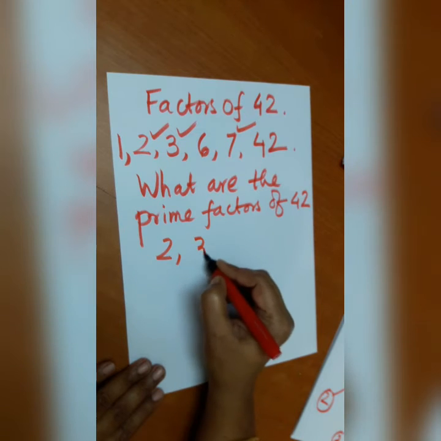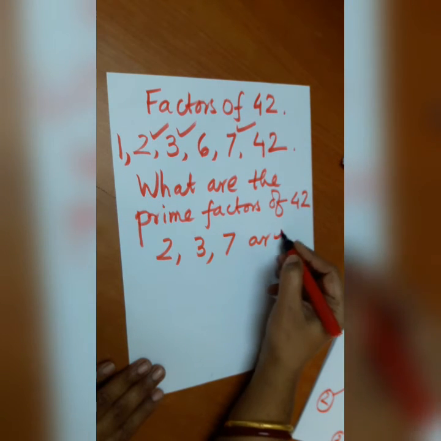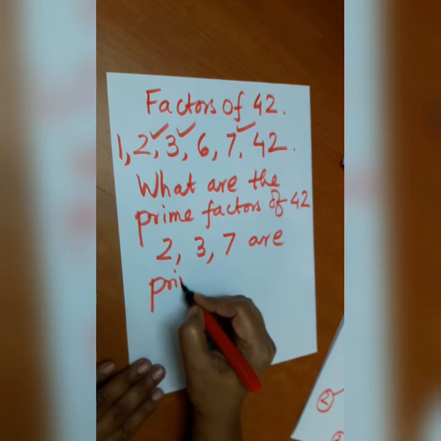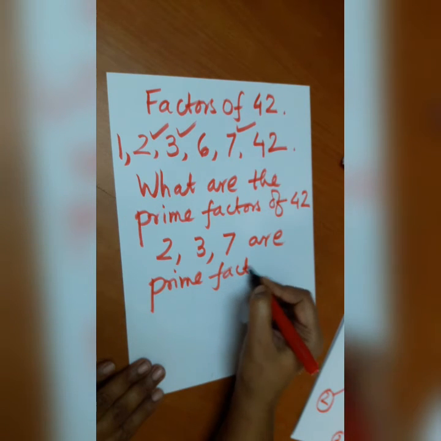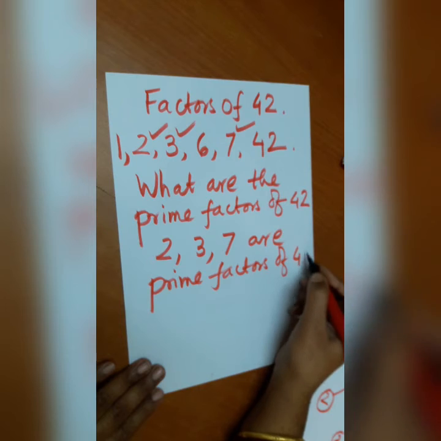So 2, 3, 7 are prime factors of 42. Learn what the factors of 42 are and what the prime factors are. There are factors that are composite numbers as well as factors that are prime numbers. So if someone asks what are the prime factors of any number, then you have to write only the prime numbers. You cannot write the composite numbers.